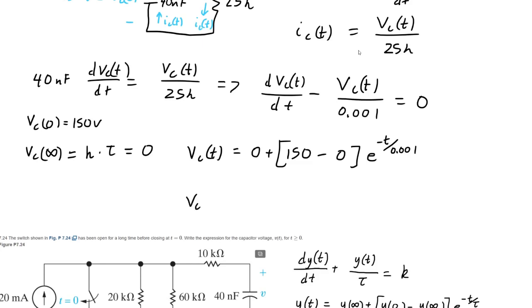So VC(t) is going to be 150 volts times this exponential decay, which is e to the minus 1000 t.